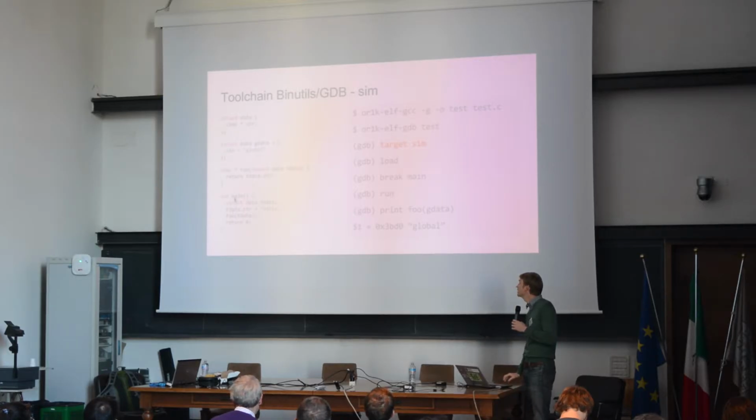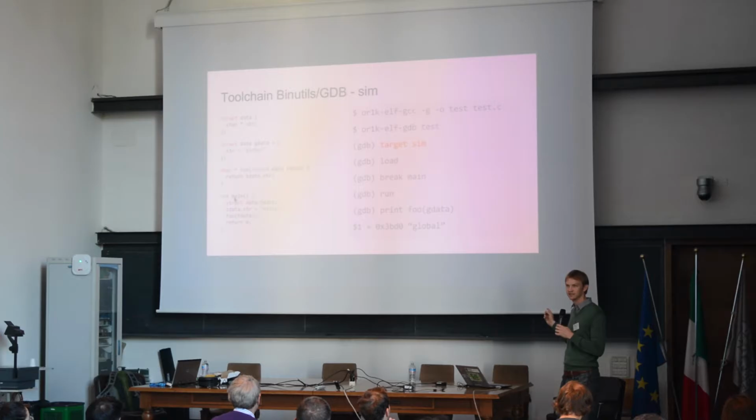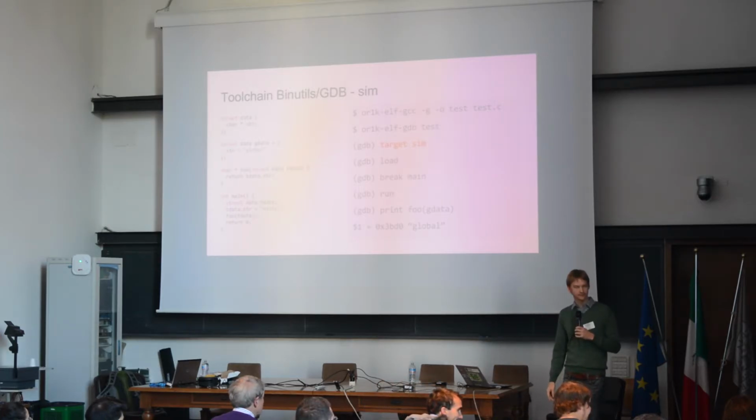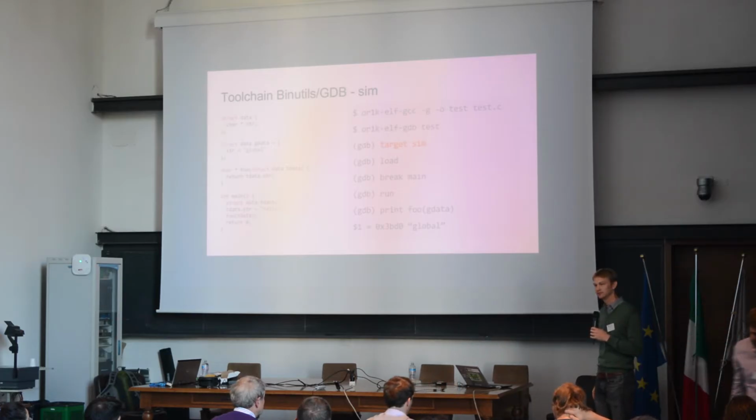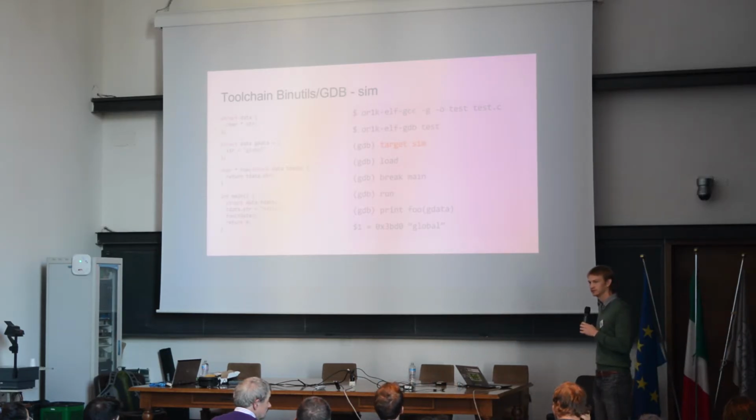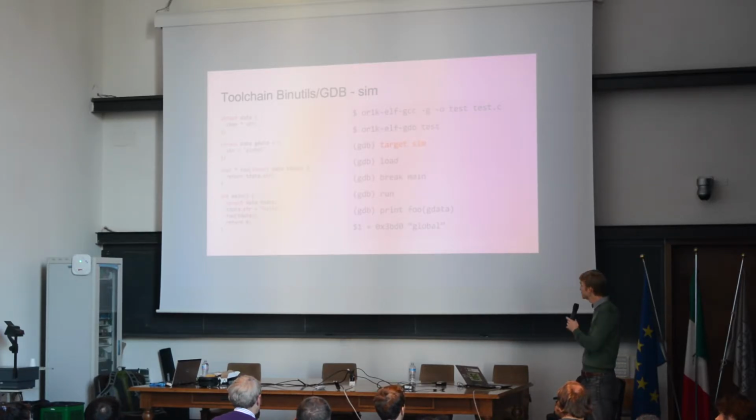Now this is running on the simulator. Any questions? This is Julius. So that CGen port, was that already in the toolchain? It was already there, but it wasn't used in GDB.